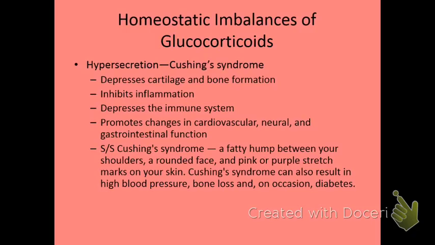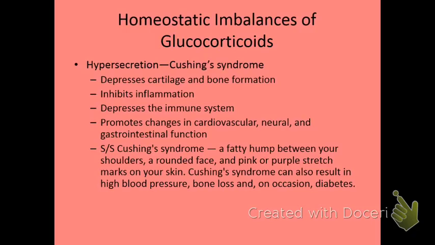He has a fatty hump between the shoulders, a round, moon face, and pink, purple stretch marks on the skin. Looks just like they've ripped their skin and it's all colored. Cushing's syndrome also results in high blood pressure, bone loss, and sometimes diabetes.